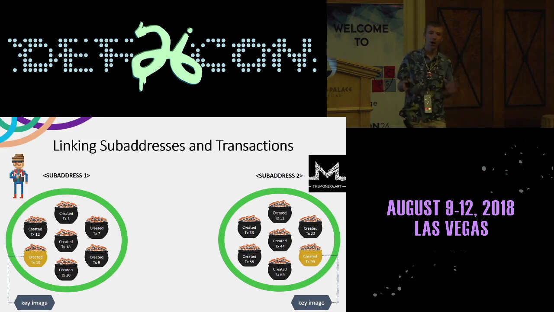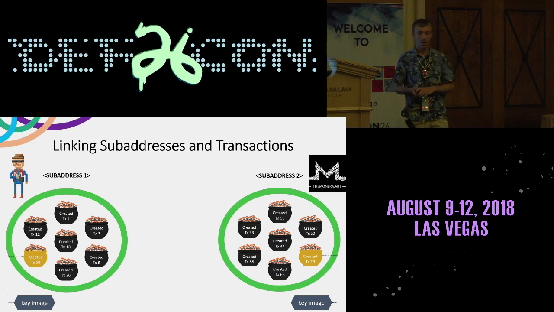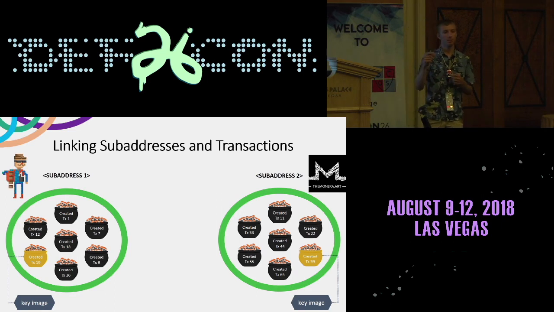Unfortunately, it becomes a little complicated depending on your spending habits on the blockchain. So suppose I made a donation to each of these subaddresses. I didn't know that they were linked together, but suppose that later I see that there's a single transaction that includes both of my outputs in two different rings. That would be highly suspicious because it would be incredibly unlikely to happen by chance.